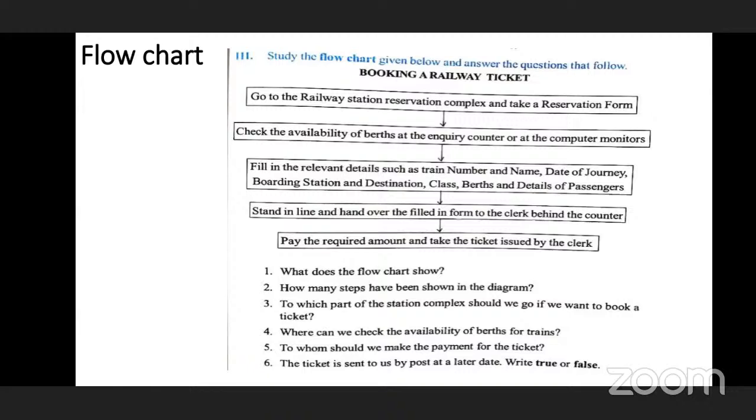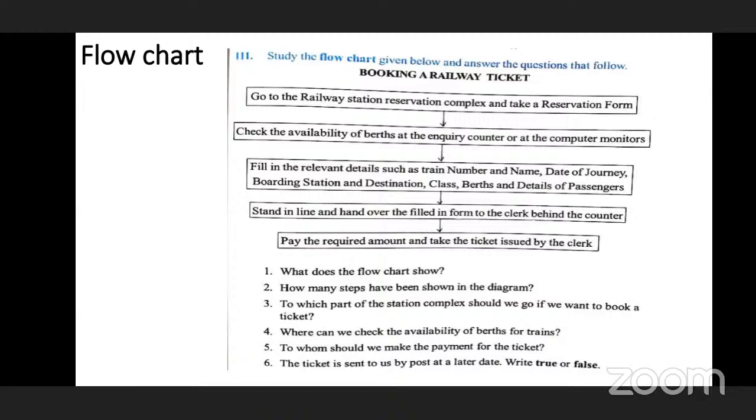So let us read all the steps, sequence of actions in order to book a railway ticket. Quickly, let's have a look. First step is go to the railway station reservation complex and take a reservation form. Next step is check the availability of berths at the inquiry counter or at the computer monitors.